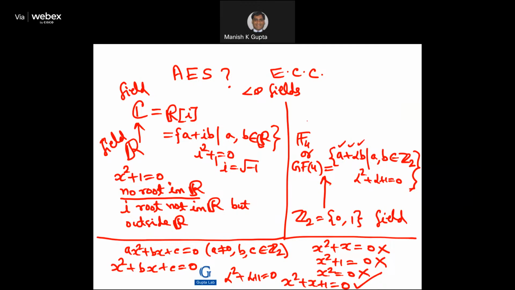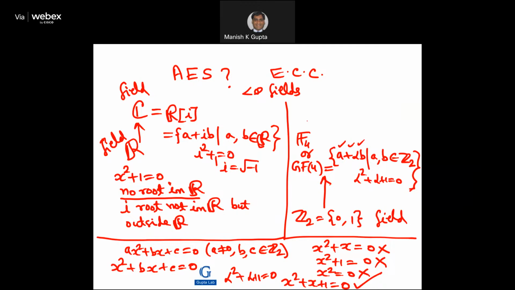Square root of -1 is a solution. So this equation has no root in the reals. If I write the square root of -1 as i, and we consider C, how do we construct the field of complex numbers? C is equal to a plus ib such that a and b are in R and i square plus 1 is equal to 0.